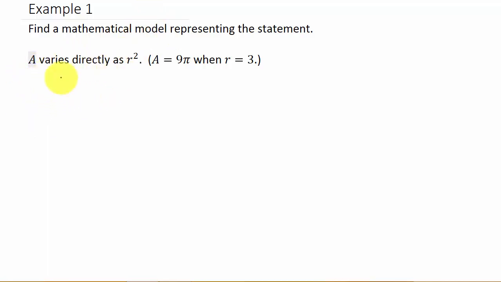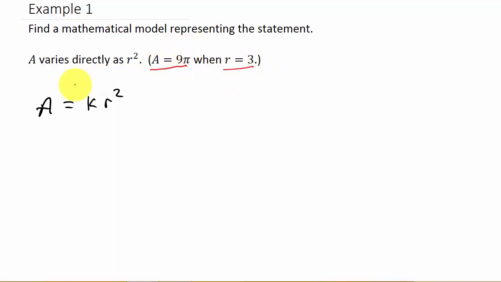First let's get our equation. A varies directly as R squared, so that means A is equal to K times R squared. Now they're giving us the information A is equal to 9 pi and R is equal to 3.